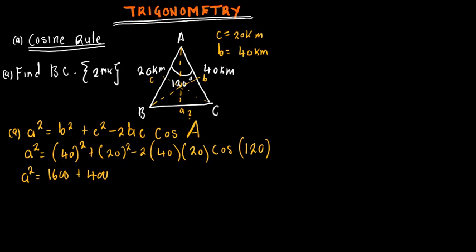Now, when you reach here, I advise my students to punch all of this on the calculator at the same time. So I say minus 2, 40, 20, then cosine 120. So you see, it gives me a negative number.